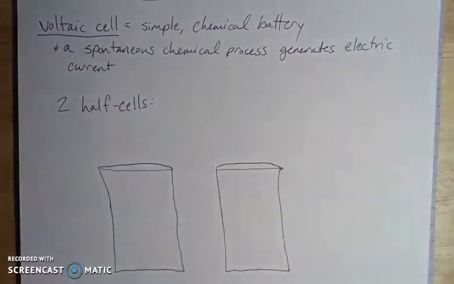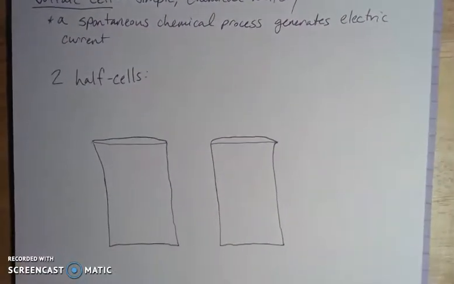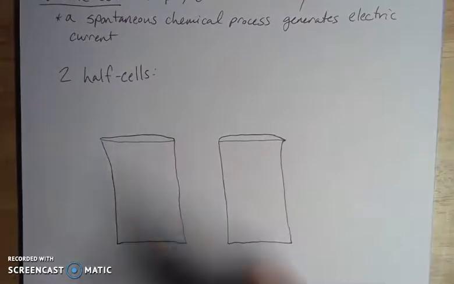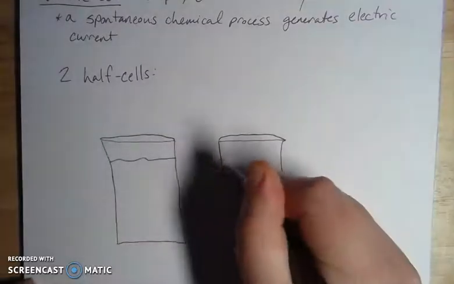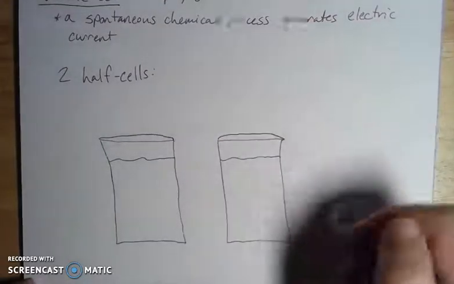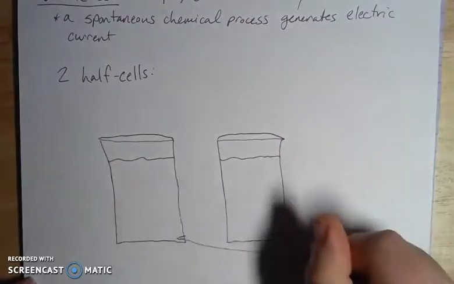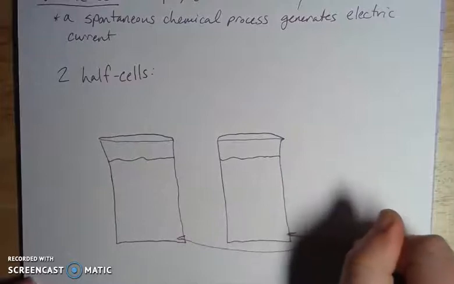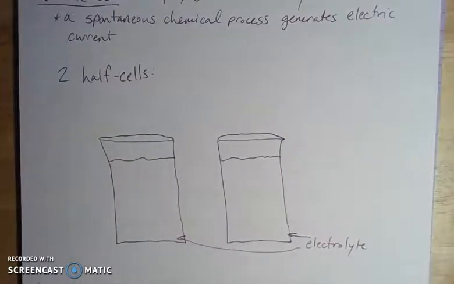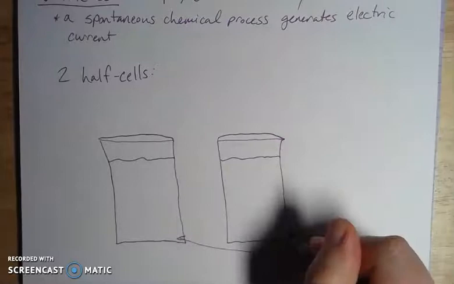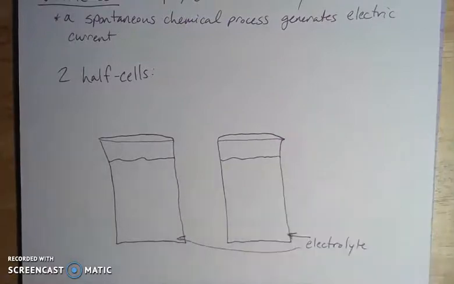Then I fill the beakers with electrolyte solutions. So remember that an electrolyte is a solution that has ions in it, which allows for a flow of current.